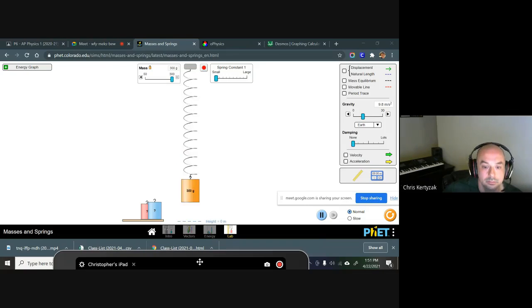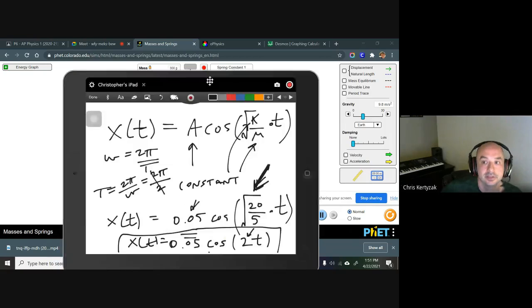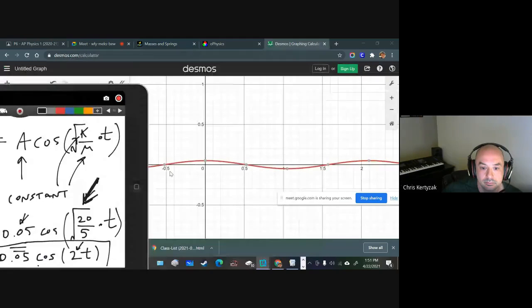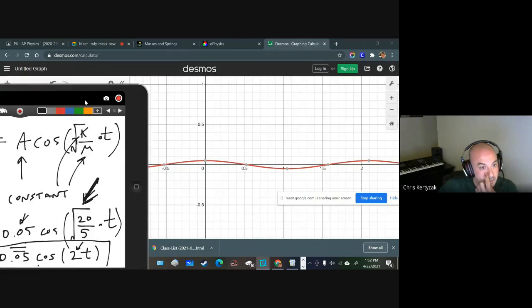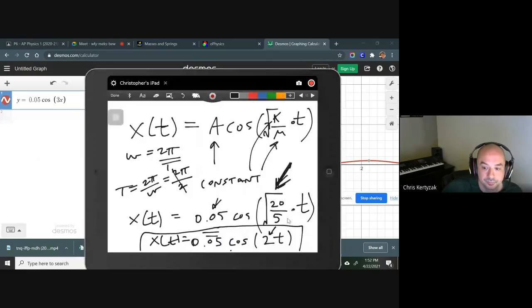Ooh, very slowly going through. Long period, right? So this omega, this coefficient to the t, is a beautiful control for how rapidly it goes through its cycles. And it's fully controlled by K and M.